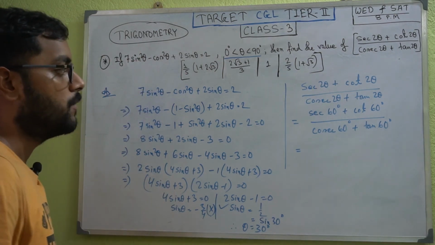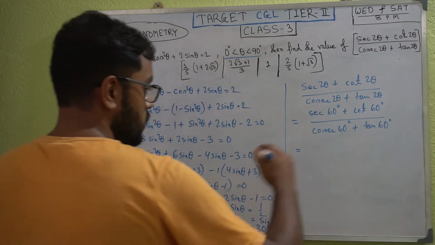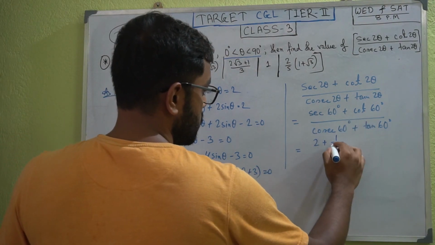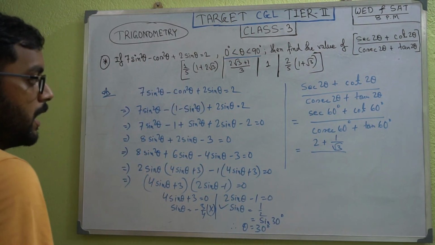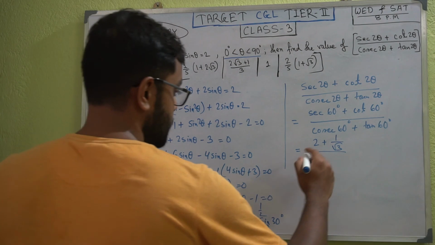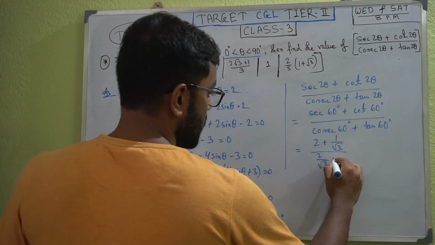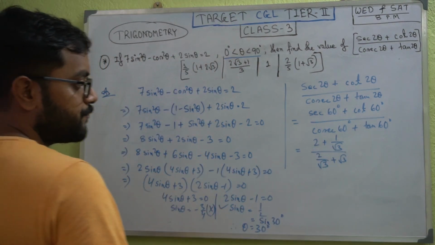Now the value of sec 60 degree equal to 2, and the value of cot 60 degree equal to 1 by root 3, and the value of cosec 60 degree equal to 2 by root 3, and the value of tan 60 equal to root 3.